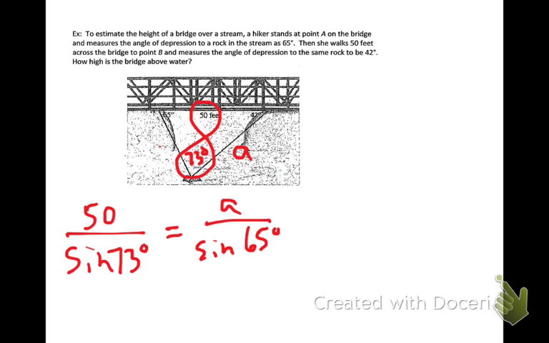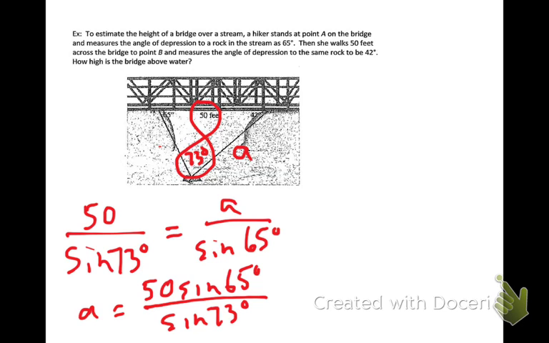Solve for A, so A equals 50 sine 65 degrees over the sine of 73 degrees. Right, so that's going to be approximately 47.39. Alright?